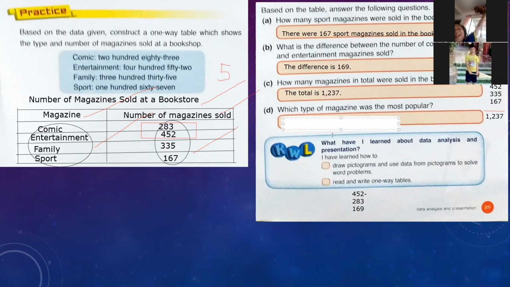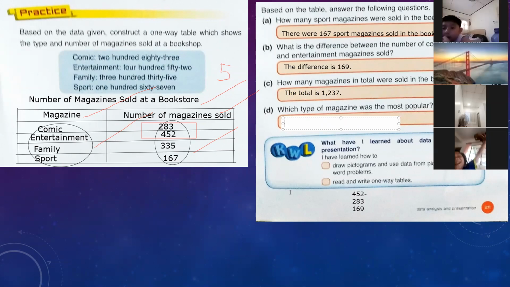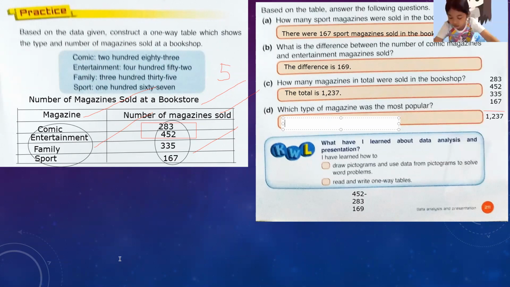Teacher Chris, can I write: there were 1,237 magazines sold in the bookshop. Very nice, Ploy. Clap your hands for me. I like that, very nice answer. Very long. I love it. But the total is 1,237 is already accepted.